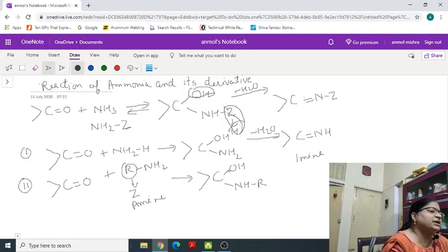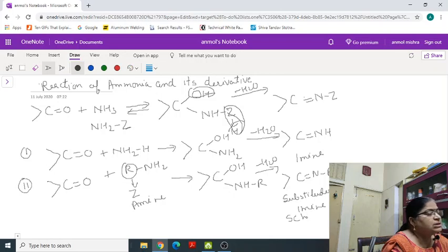So again here H2O will be removed, dehydration will take place, so it will form C double bond NR. So this is called substituted imine, also known as Schiff's base.